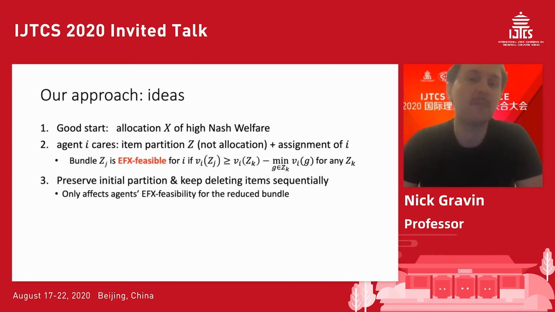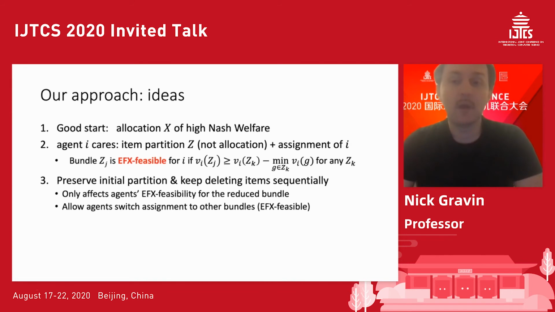So people might have more feasible allocations, but we only make things better when we delete an item from some bundle. So we only make things better for the remaining bundles. Yeah, and generally we would allow people to switch to different assignments. So they might consider other bundles.